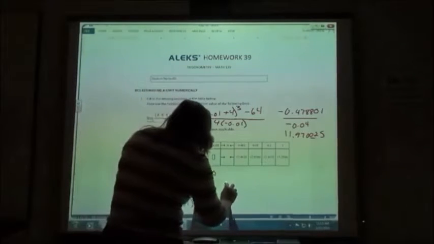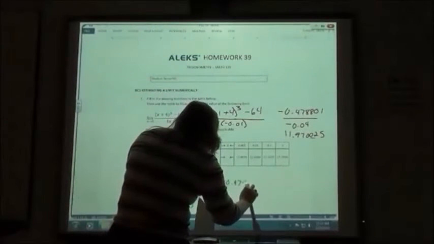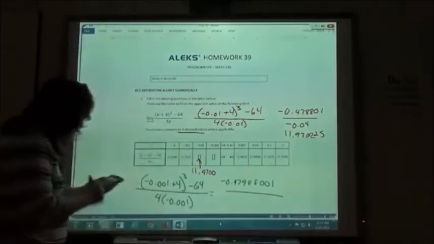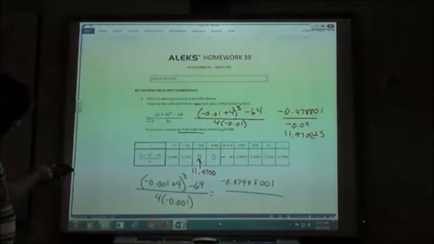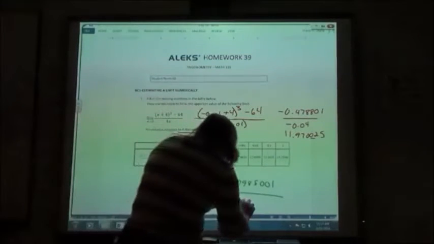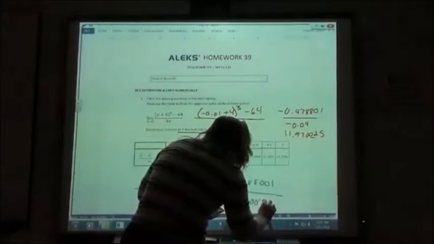I am getting -0.479880001. On the bottom, 4 times -0.001 gives me -0.004.